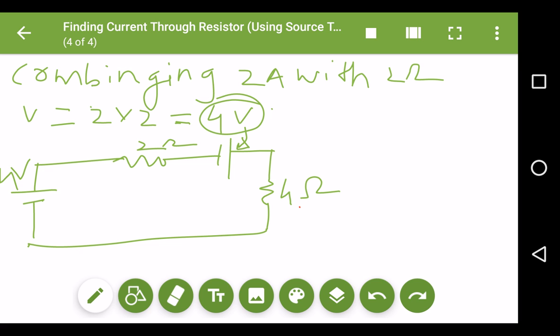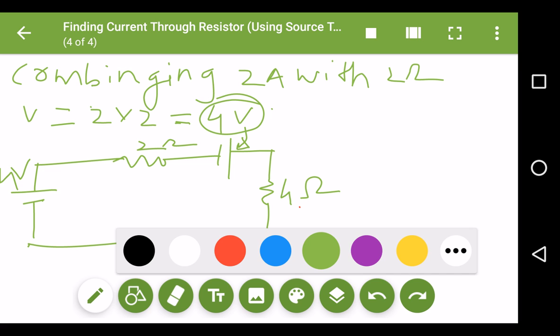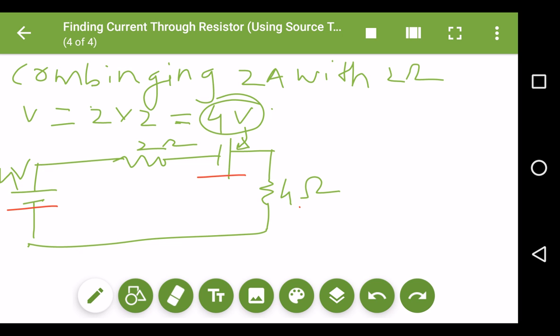Now again you can see that there are two voltage sources in a branch in series, so we can add or subtract them on the basis of their positive and negative terminals. So start your journey from your 4 volt source from here and go up to here and find the direction, and in accordance with that direction, do addition or subtraction on these two voltage sources.